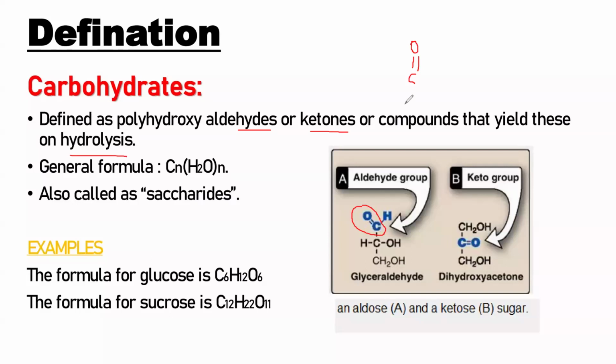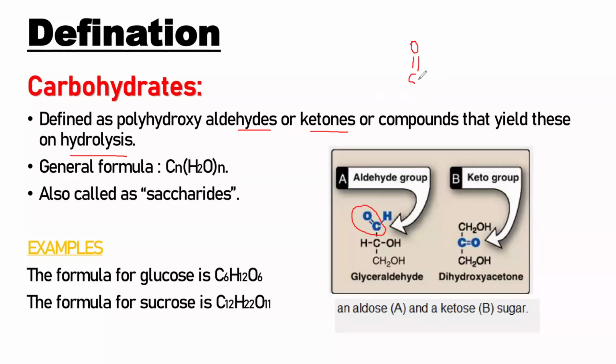So what is the difference between aldehydes and ketones, or what are aldehydes? Generally, in aldehydes, the carbonyl carbon, when we say carbonyl carbon, it means the carbon that is bearing the oxygen double bond. Like in this case, this is the carbon that is bearing the oxygen.